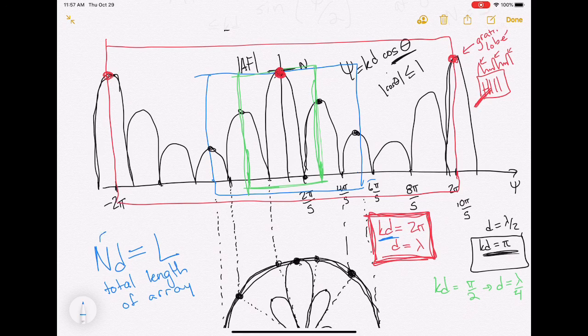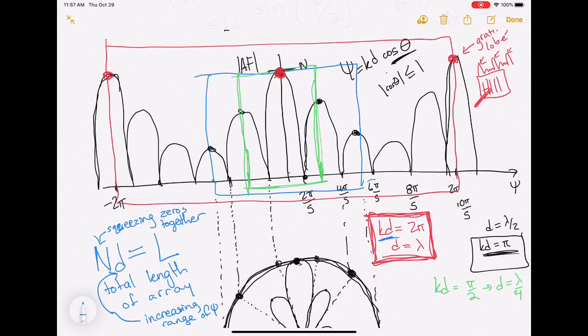N has the effect of squeezing zeros together. And D has the effect of increasing the range of psi.